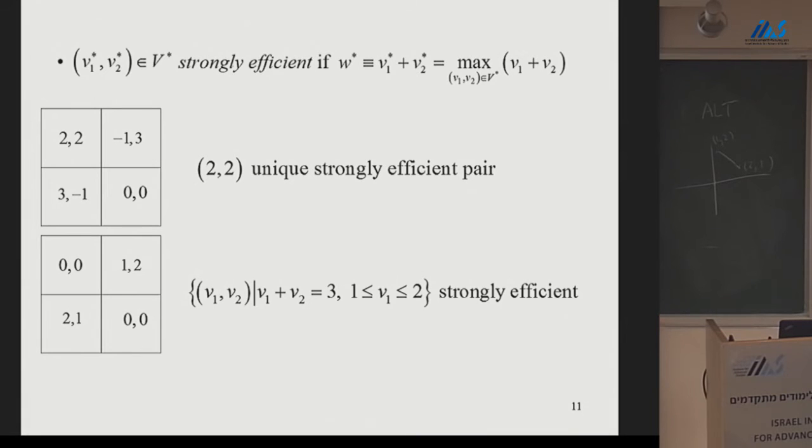Whether you're assigned the row player's position or the column player's position is equally likely. In some sense, there's no distinction between a row player and a column player. It's a symmetric game.